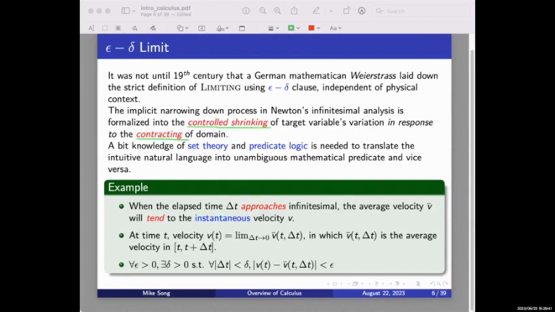For example, Newton's definition of velocity is equivalent to saying that v t is the limit of v bar when delta t approaches zero.